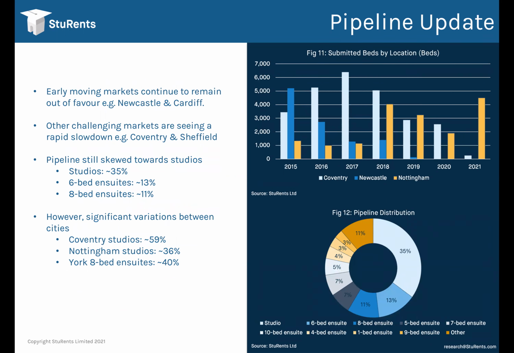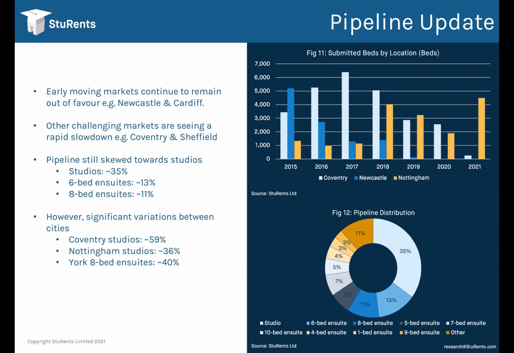A bit more detail surrounding the pipeline before we summarise for today. What we can actually see from that planning activity, which I've just mentioned, is that the activity varies significantly per location, as one might expect. In early moving markets, which is something we've discussed before, so places like Newcastle and Cardiff, the planning application activity remains very, very limited.